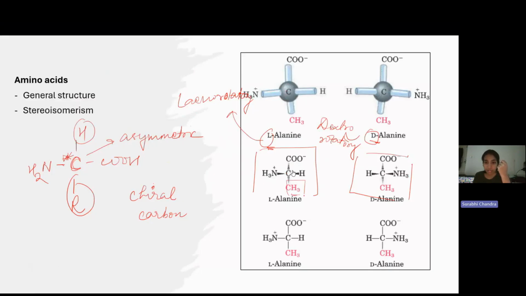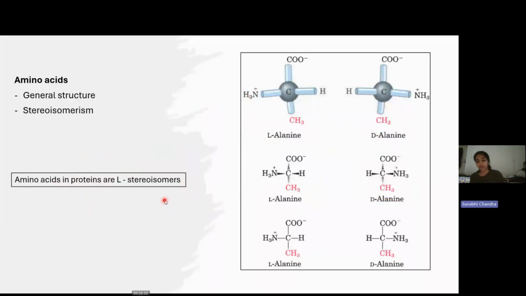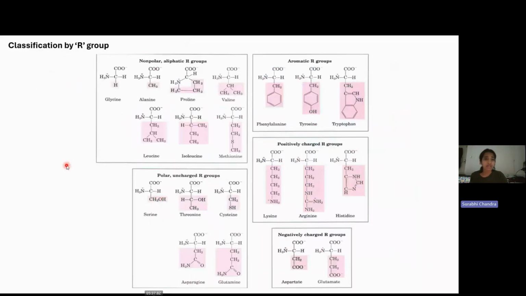If this is present in a plane, these representations represent atoms or groups coming out of the plane, projecting towards us, or going away from us, projecting away. Okay, so this is called a wedge and dash representation of chemical compounds, right? So amino acids in proteins are L stereoisomers. Naturally occurring ones are L stereoisomers.